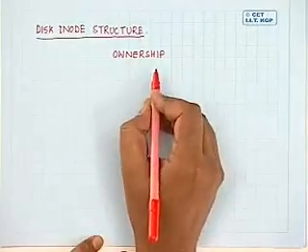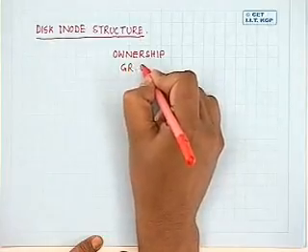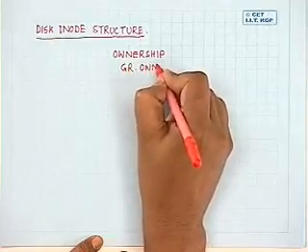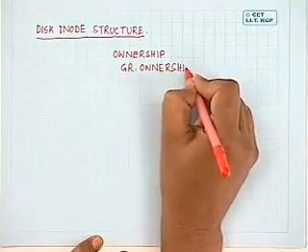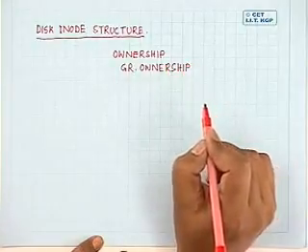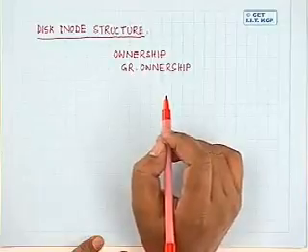And the second ownership that we have is group ownership. So we have two fields in the disk copy of the inode. One indicates the individual ownership, the other one will indicate the group ownership.